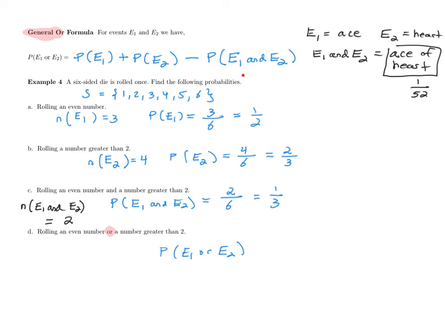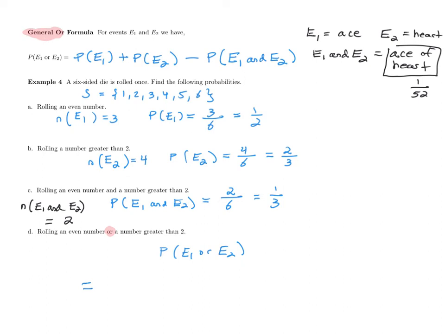I want to use this formula here. But thankfully, we actually have all the numbers we need using parts A, B, and C. Part A was the probability of E1. Part B was the probability of E2. And in part C, we already found the probability of those two things in common. So to get this answer, I'm going to go directly to the formula. I'll first count the number of ways that can happen for E1.